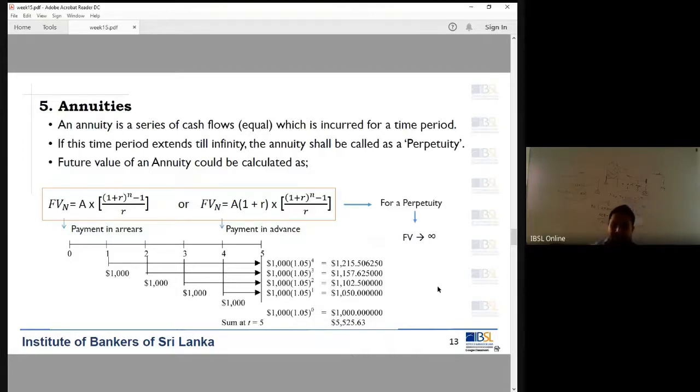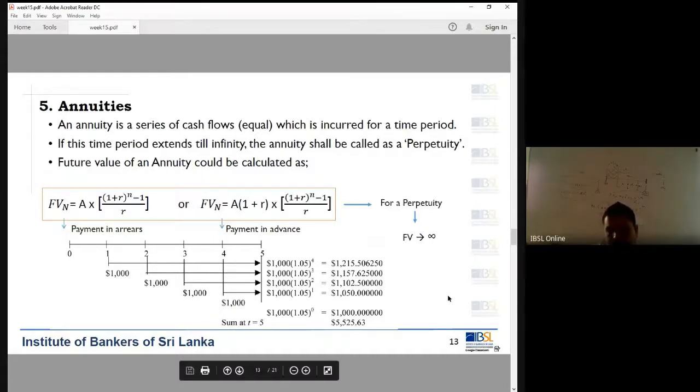Interestingly, you can apply the equation ((1 plus r) to the power n, minus 1) divided by r, the term shown here, multiplied by this 1000 rupees, and it will give you the future value. So both are equal.